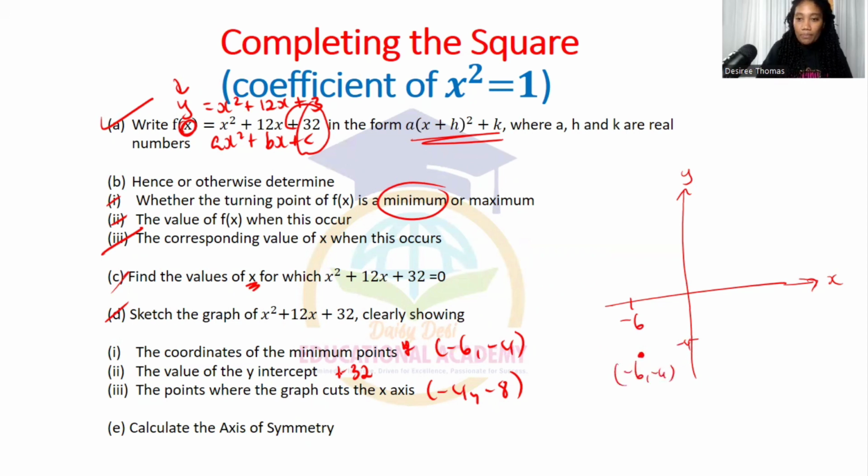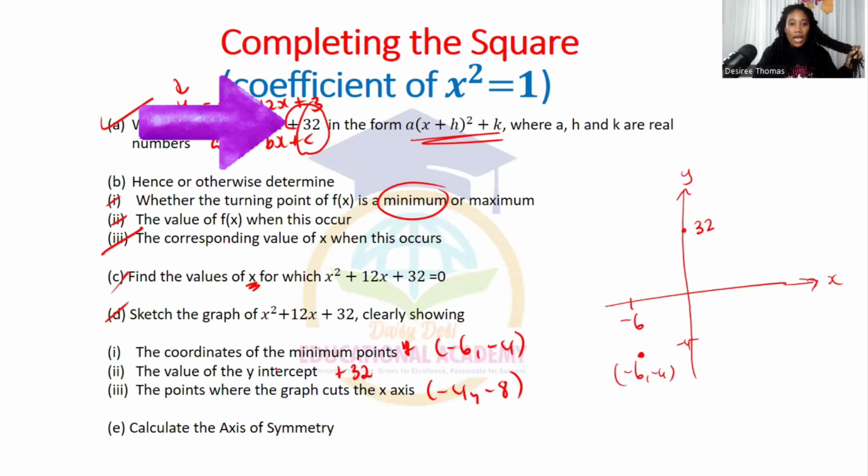The value of the y-intercept is 32. So the graph is cutting the y-axis at 32. The y-intercept means where the graph cuts the y-axis, so the value is 32 because C is 32. C is the y-intercept. They also want us to show where the graph cuts the x-axis, which is minus 4 and minus 8.